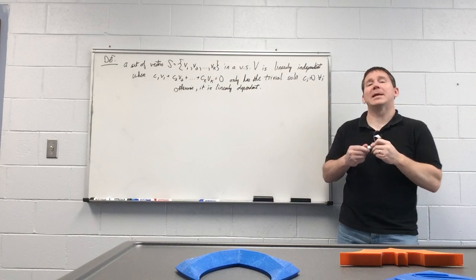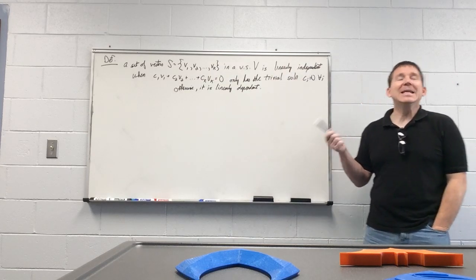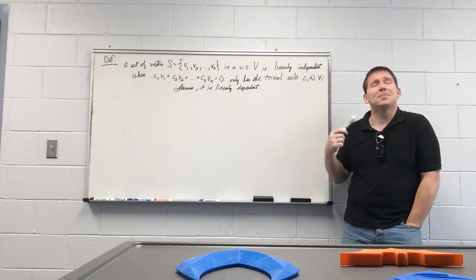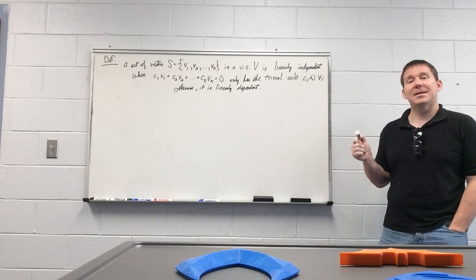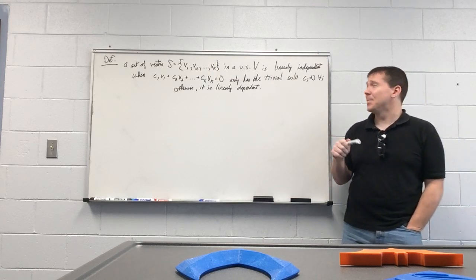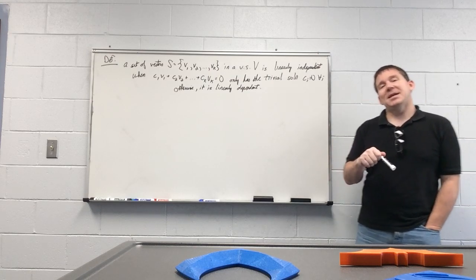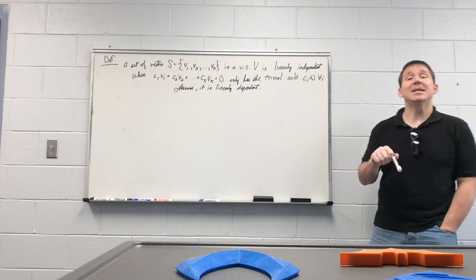And I will also point out right here before we work with this, this is actually how a lot of independence is defined. It's a standard math thing in a lot of different areas of math, independence and dependence, and they all more or less are based on the same idea. And generally speaking, the way you define dependence is by saying not independent.